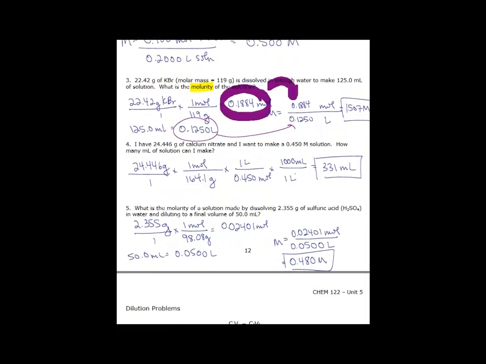Number 4, you're using molarity as a concentration, but I didn't give you the formula of calcium nitrate. So I made it tricky for you. I'm trying to get you guys to review for the final, so hopefully you were able to come up with a formula of calcium nitrate. The formula, by the way, is Ca(NO3)2.